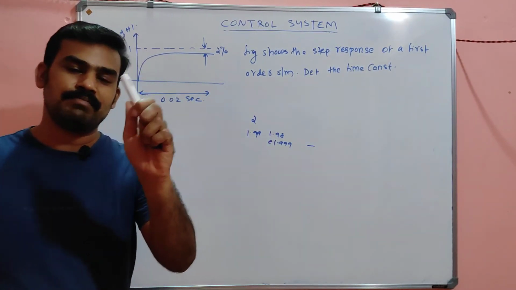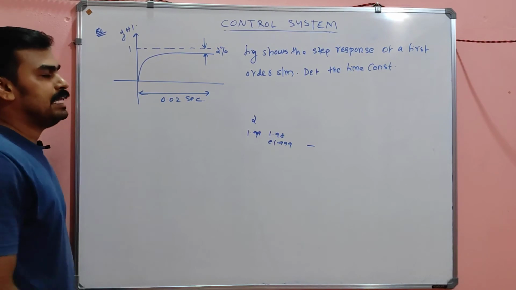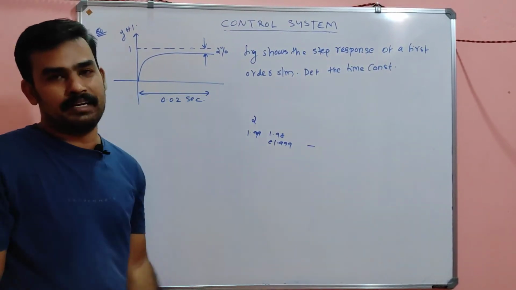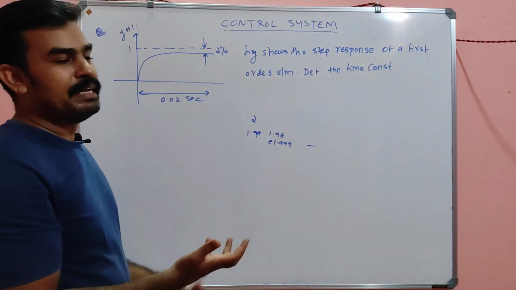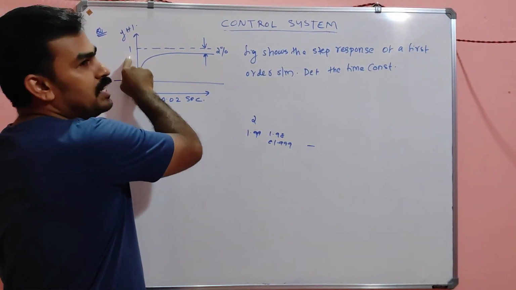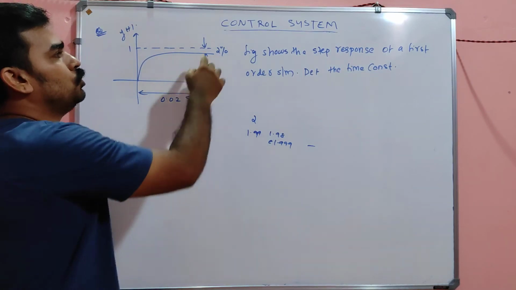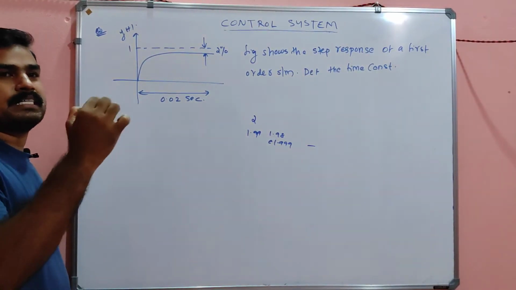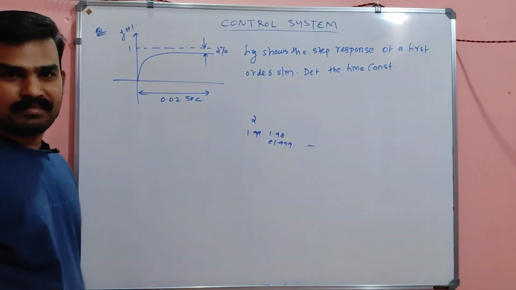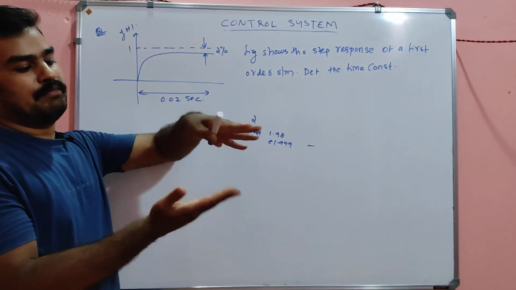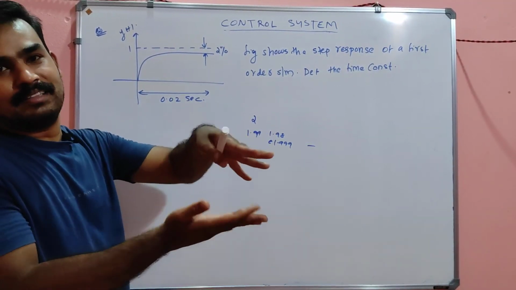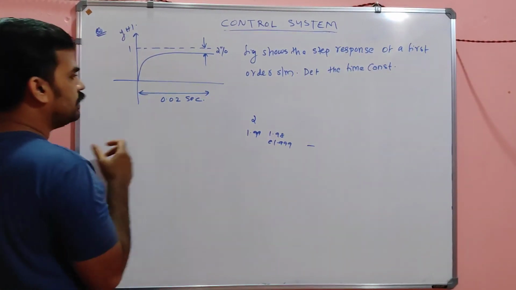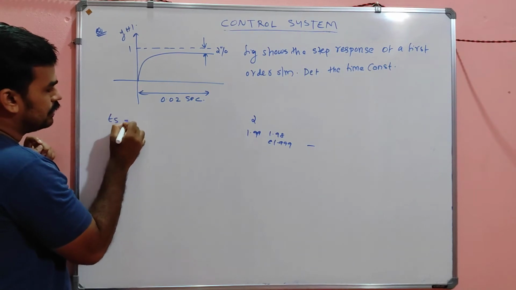But in a practical system, that does not happen. So there will be some tolerance range, that is, some error range. If the expected output is 1 and there is 2% error, it means a 2% loss from 1, and the system works with that much loss. The time taken to reach up to this is called the settling time, TS, which is given as 0.02.